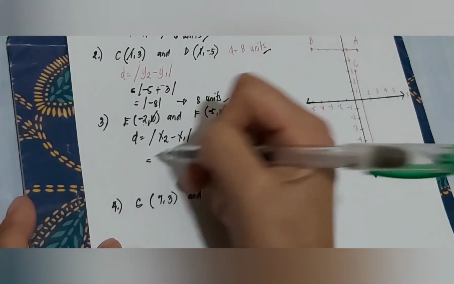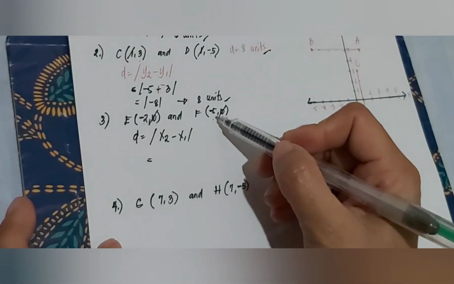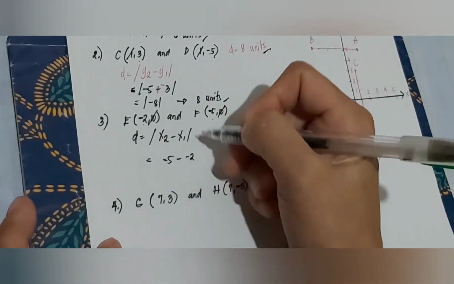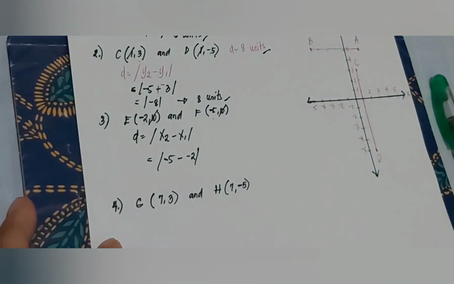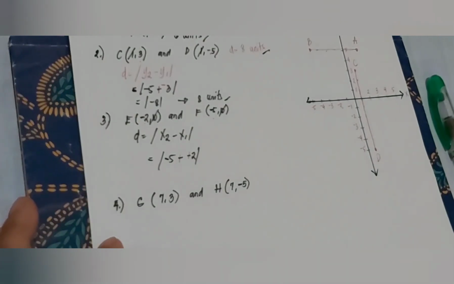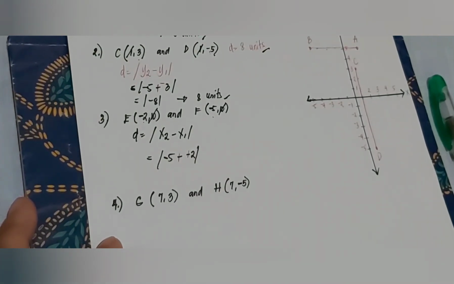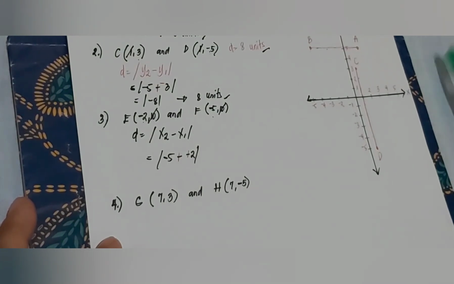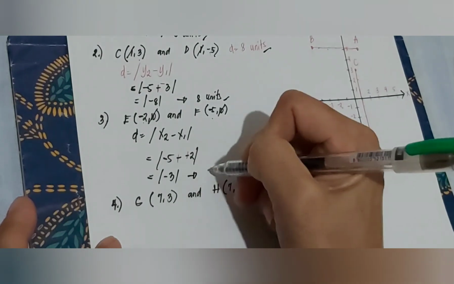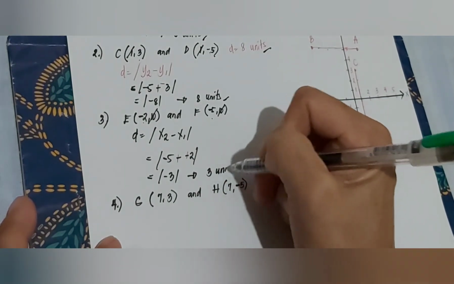So let's solve. That's negative 5 minus negative 2. Okay, change the sign of the subtrahend. Proceed to addition. Negative 5 plus positive 2 will be negative 3. So this is negative 3. And the absolute value is 3 units.